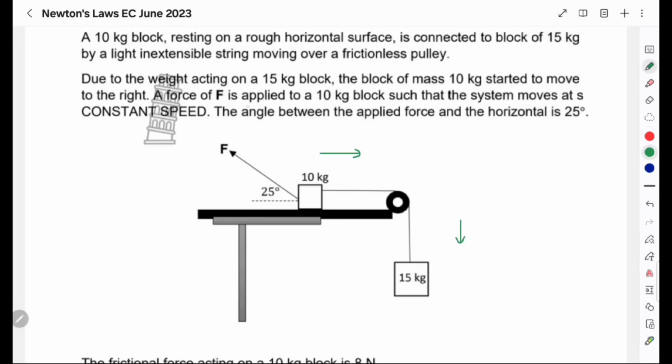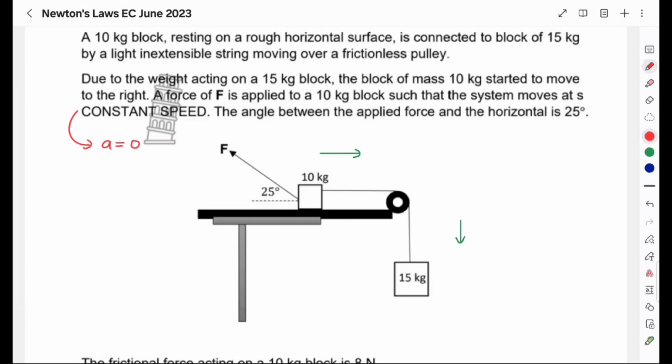A force of F is applied to the 10 kg block such that the system moves at a constant speed. Please take note, constant speed tells us that acceleration is equal to 0. The angle between the applied force and the horizontal is 25 degrees.